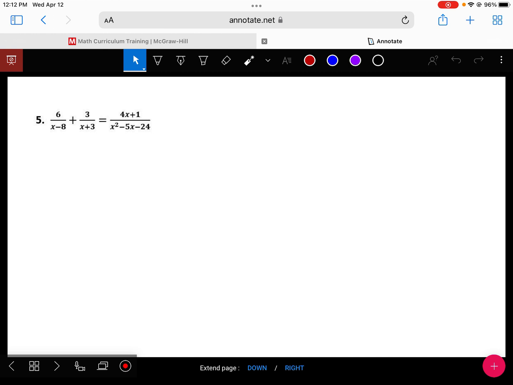Bring this over here. 9x minus 6 equals 4x plus 1. What do I do? I can add 6 to both sides. What would that give me? Plus what? Plus 7. What do I do next?